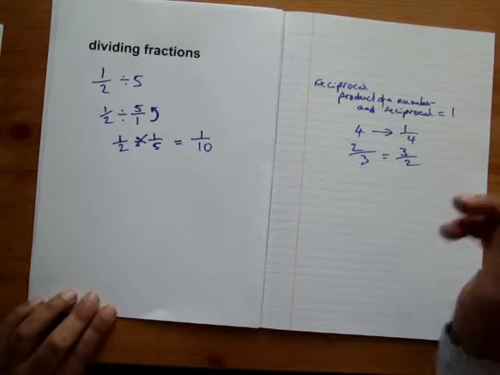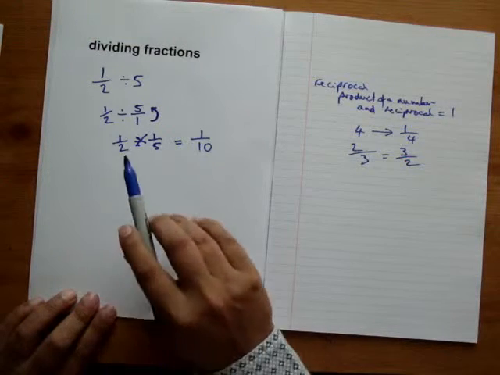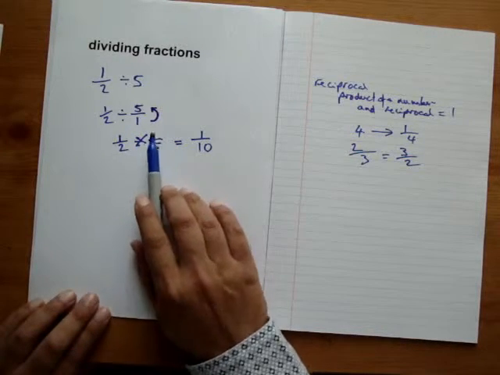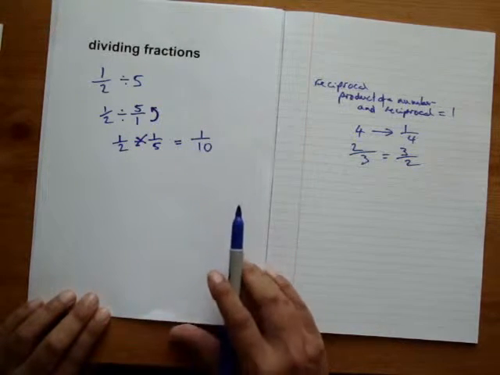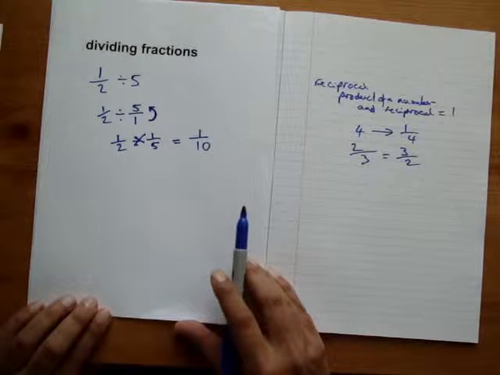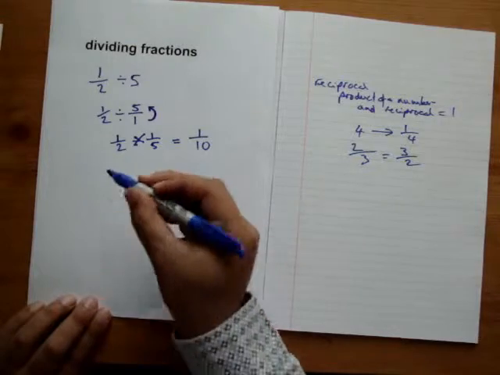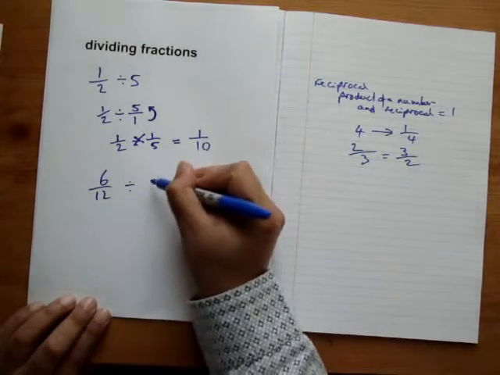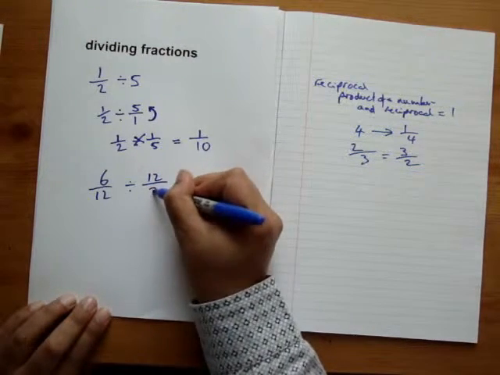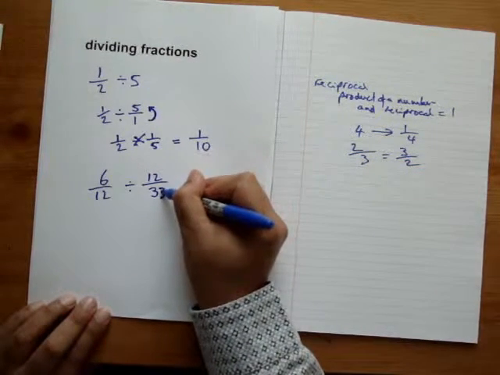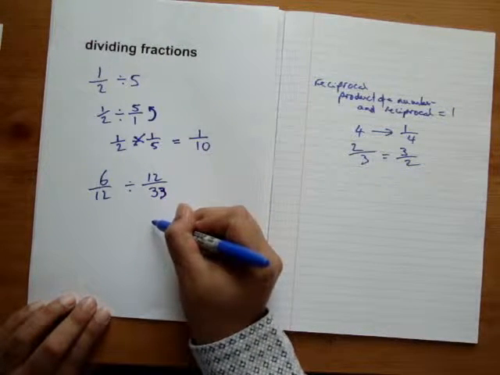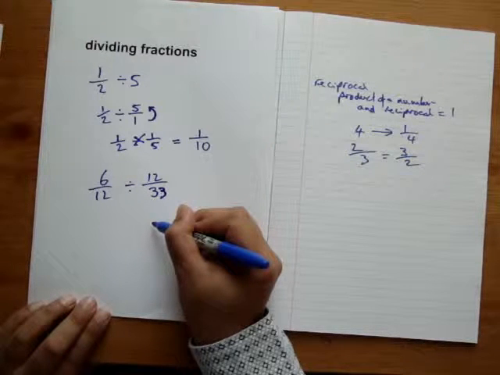That's the reciprocal. So when we're dividing, we actually change that to we multiply by the reciprocal of the fraction we're dividing by. So let's have a look at that again. If we had 6 over 12 divided by 12 over 33, we get the reciprocal of the second fraction, the fraction that we're dividing by.